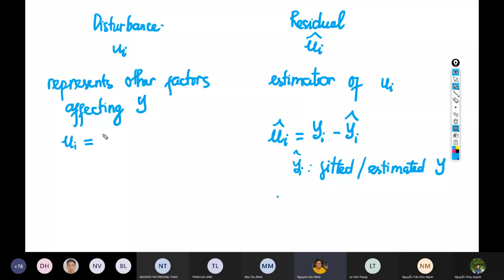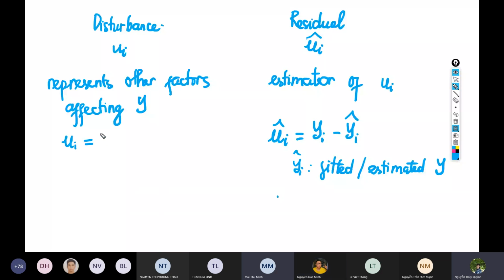Okay. Now, look at your note. What is the disturbance u i? What is it? It is the difference between what?